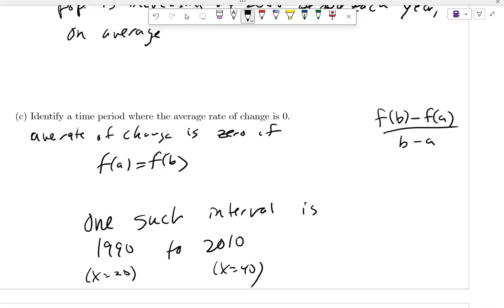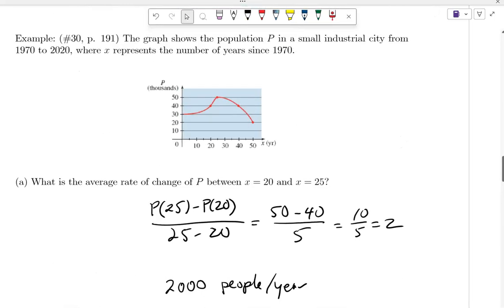If I scroll back up to the top again, any time you've got a horizontal line that crosses in 2 points, you're going to get an interval where the average rate of change is 0, right? Maybe it'd be harder to read those off the graph. One would be maybe this one here to here, because I can read that a little bit better.